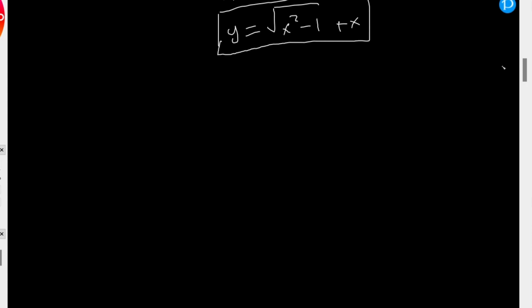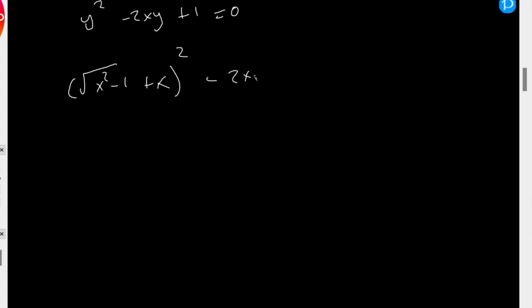So let's move down here. We know the original equation was y squared minus 2xy plus 1, which equals 0. Everywhere there's y, just plug in what y is in terms of x. So you have x squared minus 1 plus x squared, minus 2x times y, which we know is the square root of x squared minus 1 plus x, plus 1.